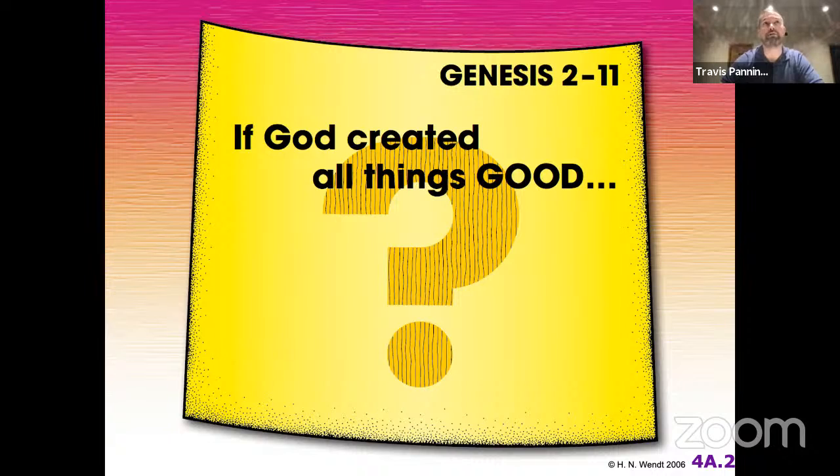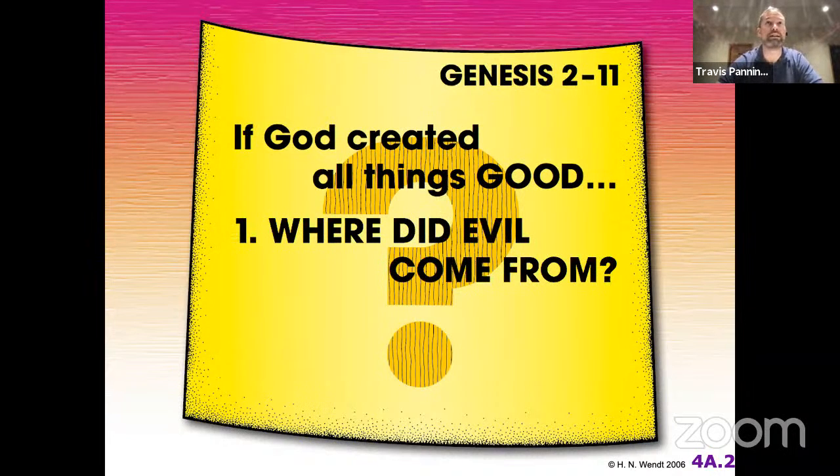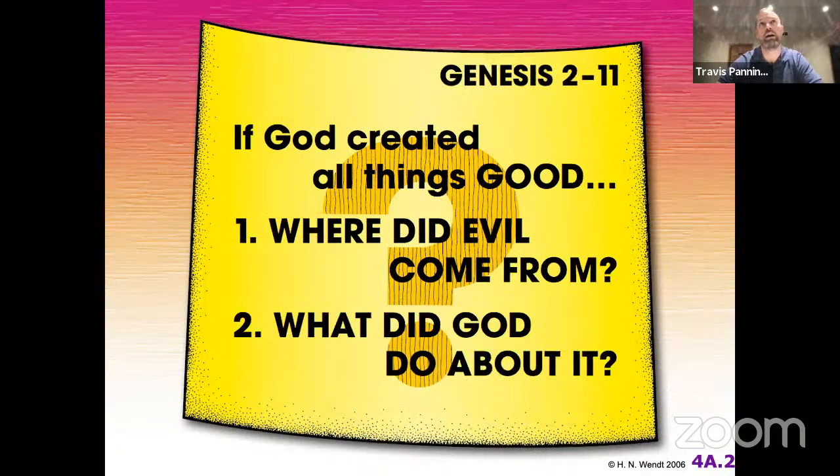And they're based off of what we heard and learned in chapter 1, which is God has said 7 times that this is good. So if that's true, if God created all things good, then what went wrong? Where did evil come from? And more importantly, what is God going to do about it?